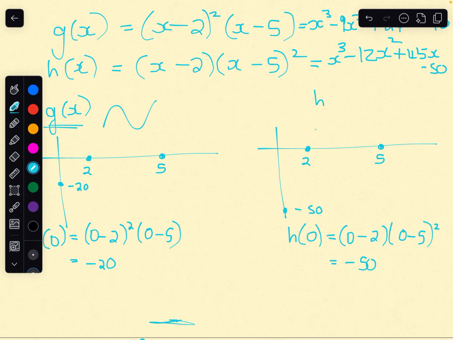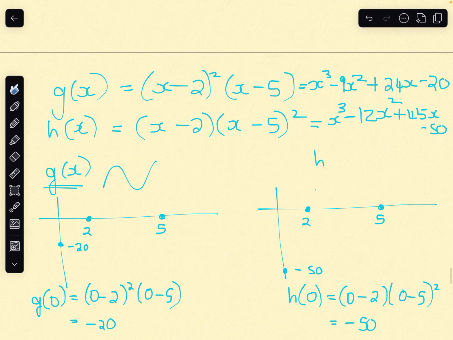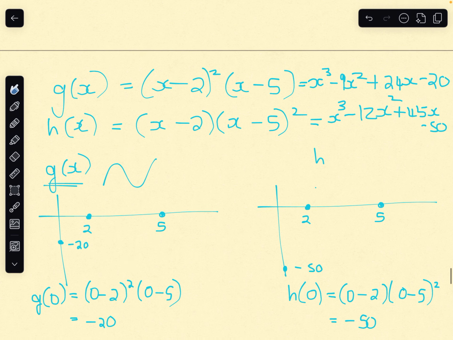Right. So now for our turning points, we're going to get the first derivatives.